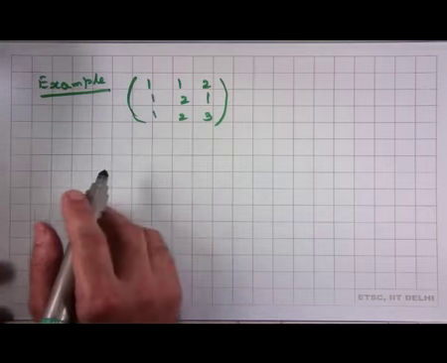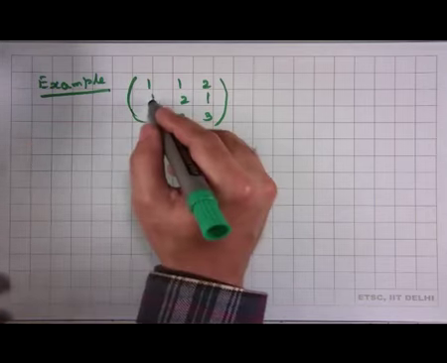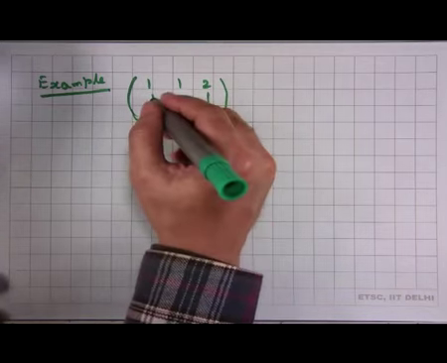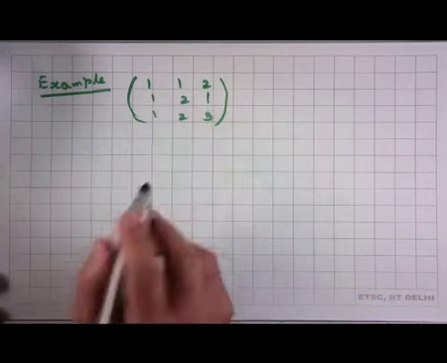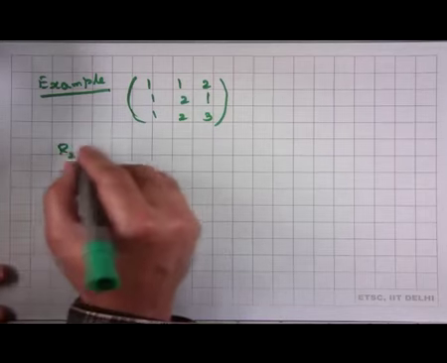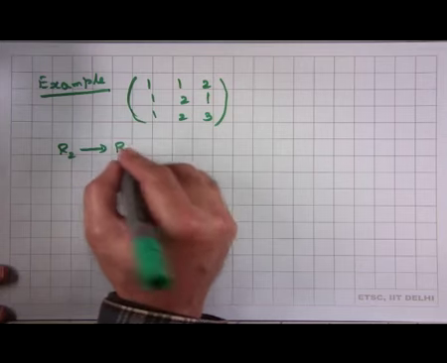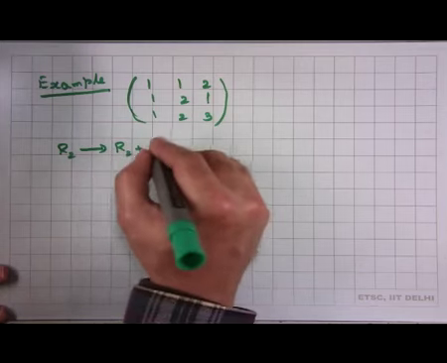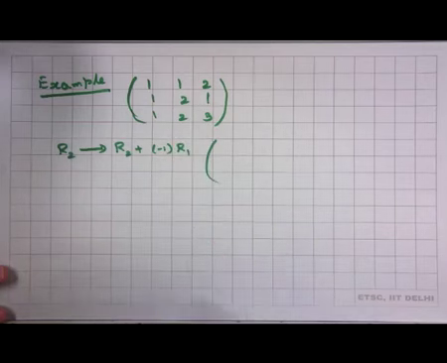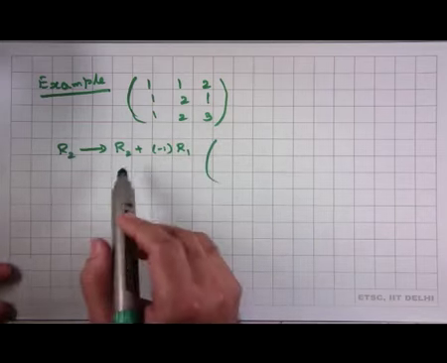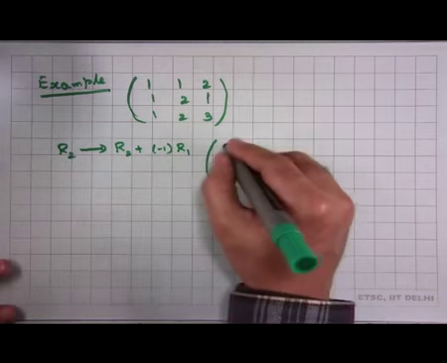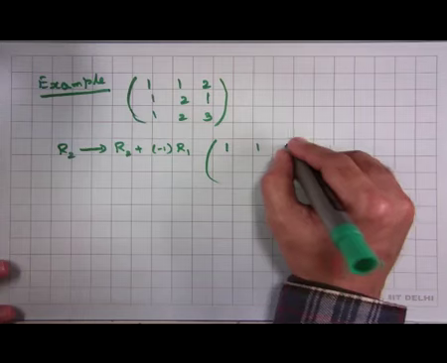So, the next thing that you will have to do: it is again 1, so we do not have to divide. You look at the other entries, they are non-zero. So, how to make it 0? Replace R2 by R2 plus minus 1 times R1, right. The first row is kept as it is.